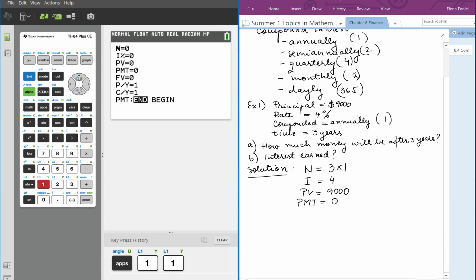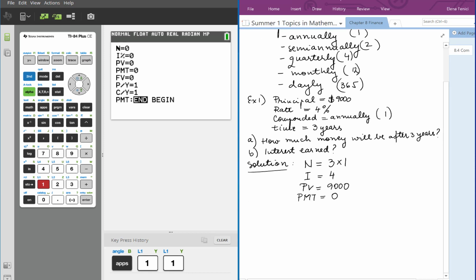If you don't put anything, you're not going to be able to continue. Future value is the one that I want to find, so I'm going to put a box here. P/Y, the interest is compounded annually, so I'm going to put 1, and C/Y is going to automatically go on and end.